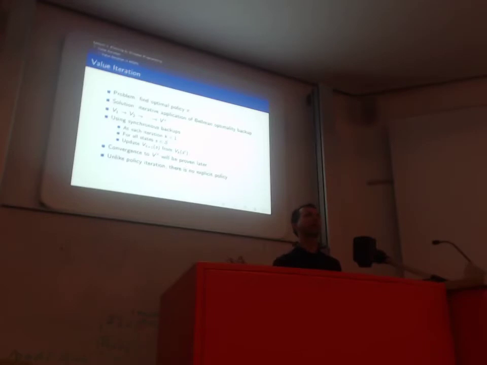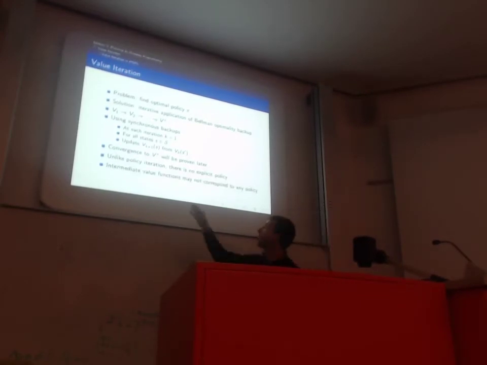We're not even writing down the policy, we're not storing it in memory, we're not talking about policies here. This is all done just in value function space. We're just moving through value functions until we end up with the optimal value. And if we ever want the policy, we can get that out from the value function. But the whole algorithm works in value function space. And what's interesting is that some of the steps along the way might not actually correspond to any policy. But what we get out at the end is guaranteed to correspond to an optimal policy.